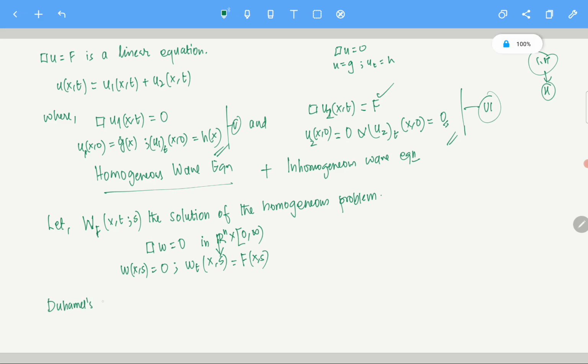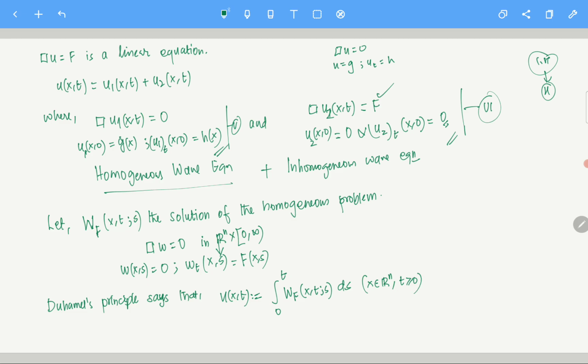Duhamel's principle says that if you write, let's say, u of x, t, and I am defining it, equals the integral from 0 to t of W^F of x, t, s ds. If you define it like this, then this is for x in R^n and t greater than or equal to 0.